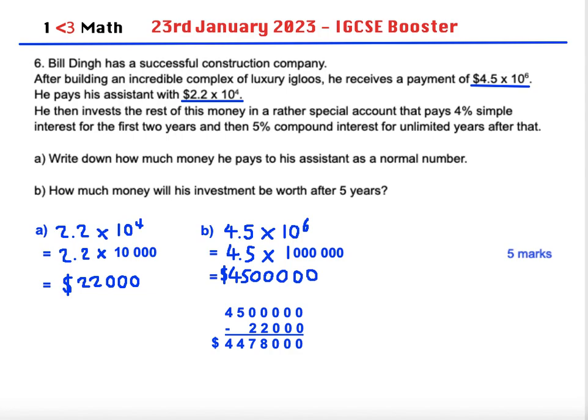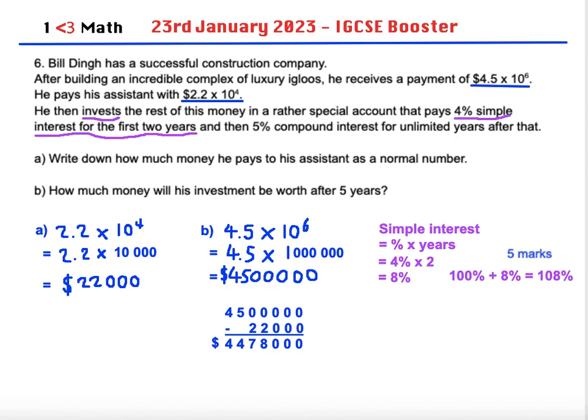So now we need to look at the information that the question gives. It says that we have 4% simple interest for the first 2 years. So I'm going to work out my multiplier for this. So simple interest is the percentage times the years added on to the 100% that you already have. So we've got 4% multiplied by 2 because it's 4% for 2 years, and that is 8%.